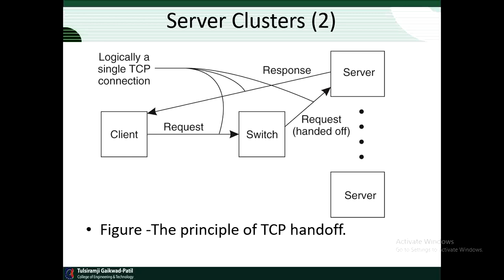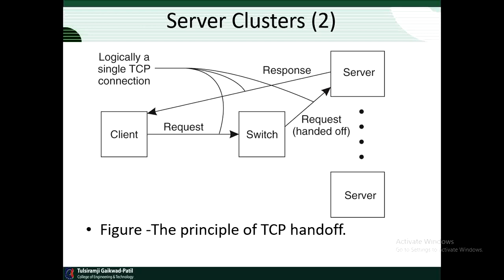Note that this spoofing is necessary for the client to continue executing the TCP protocol. It is expecting an answer back from the switch, not from an arbitrary server it has never heard of before. Clearly, the TCP handoff implementation requires operating system level modifications.